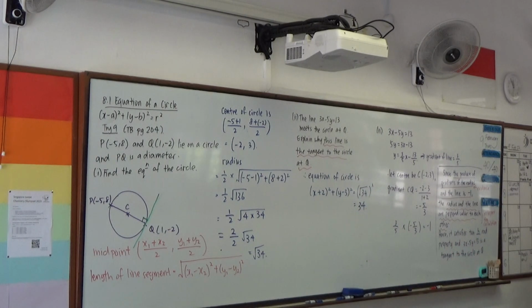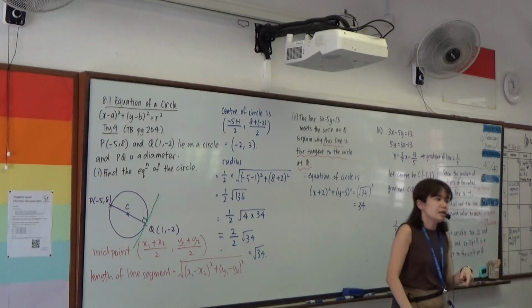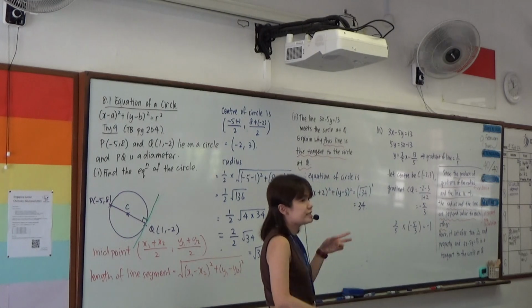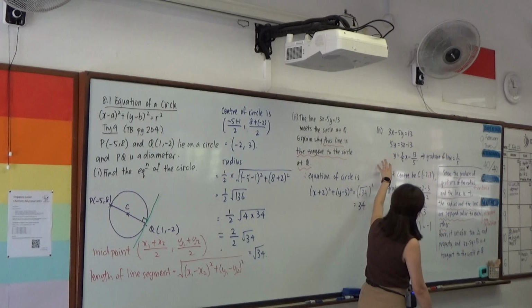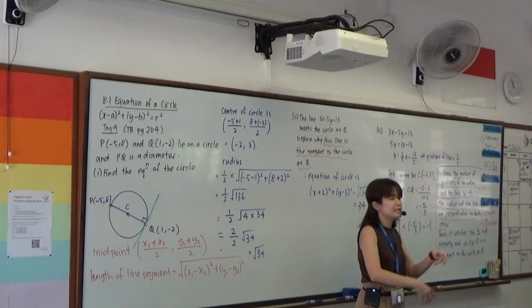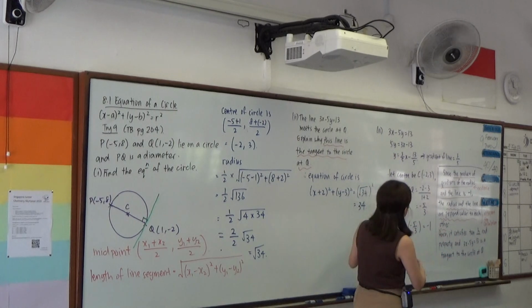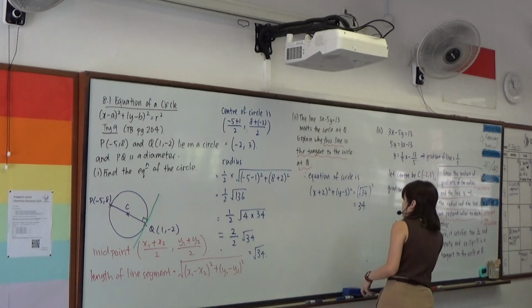Just now Ashley proposed an alternative method which is actually the same thing. What she did was find a gradient, and then find the perpendicular line that passes through the tangent. Let me draw a diagram.